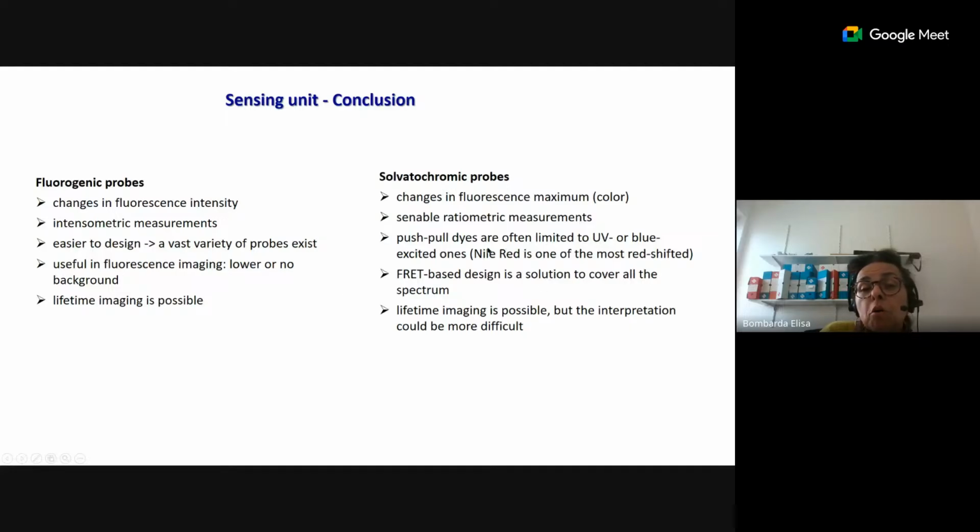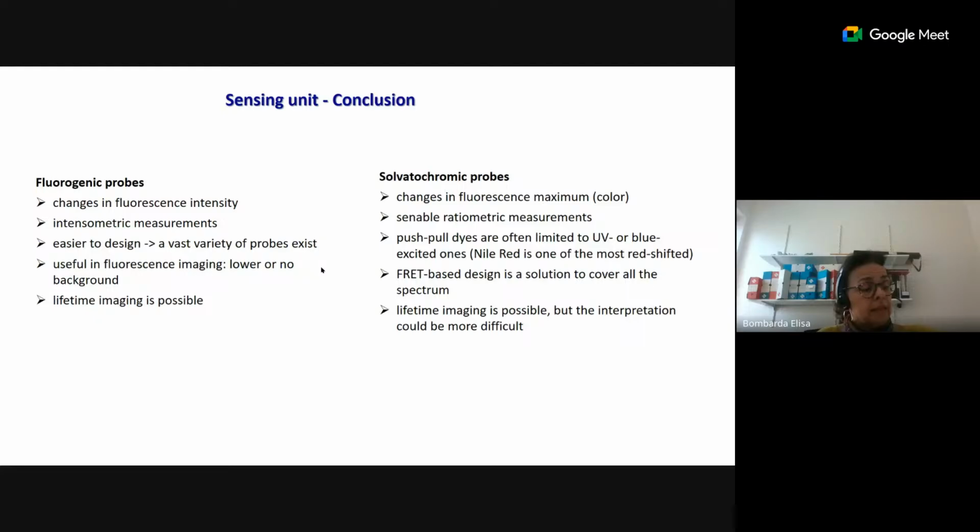They are a little bit more complex to design, and lifetime imaging is possible also, but of course interpretation is maybe a little bit more difficult. Okay, so that's a summary table for this section.